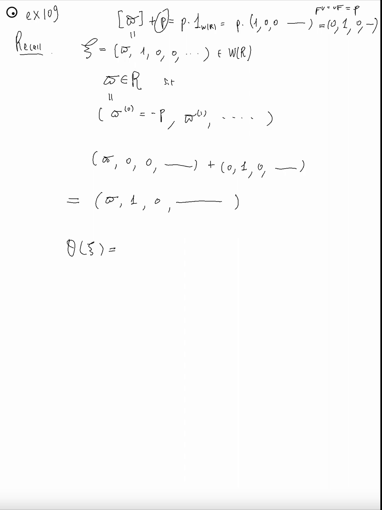theta of c is 0, because this is by the formula of theta: omega 0 times p times 1 1.